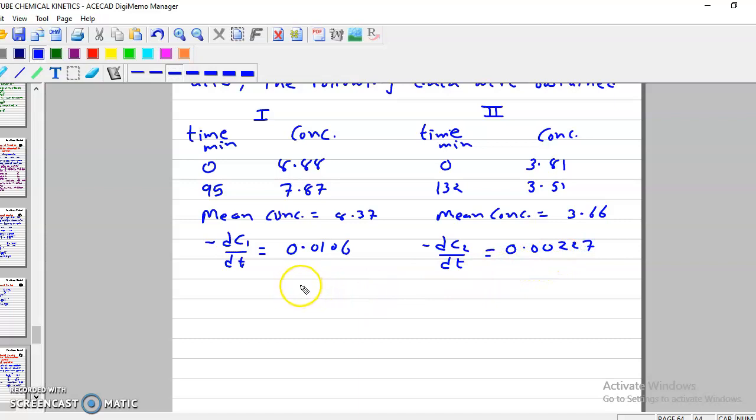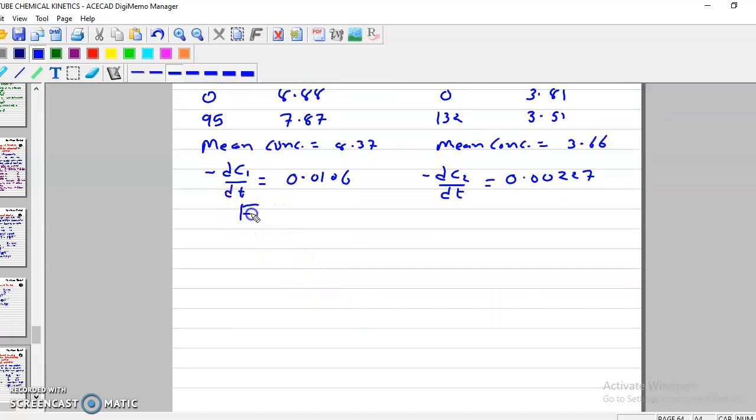So this information is given and you have to find out the order of reaction.